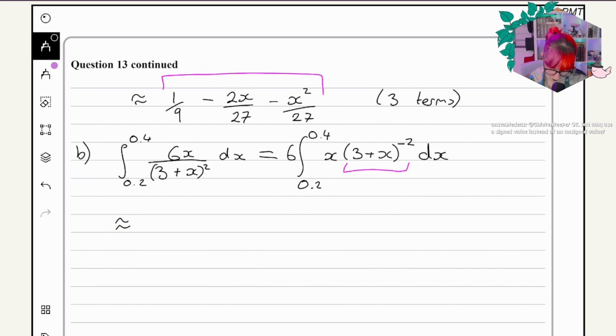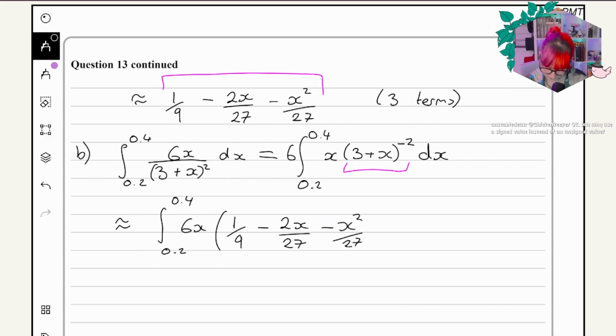So that's going to be approximately equals to the integral from 0.2 to 0.4. Maybe I should have left the 6x in because I think it's going to cancel some stuff. 6(1/9 - 2x/27 - x^2/27) dx.